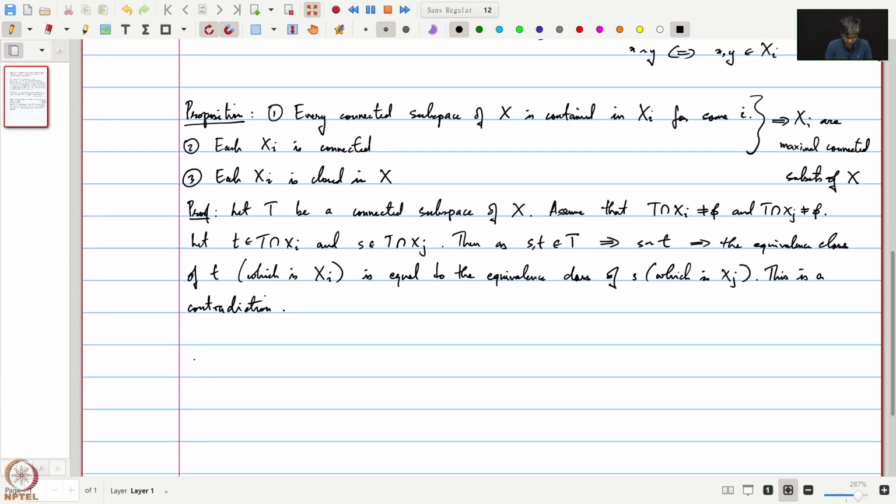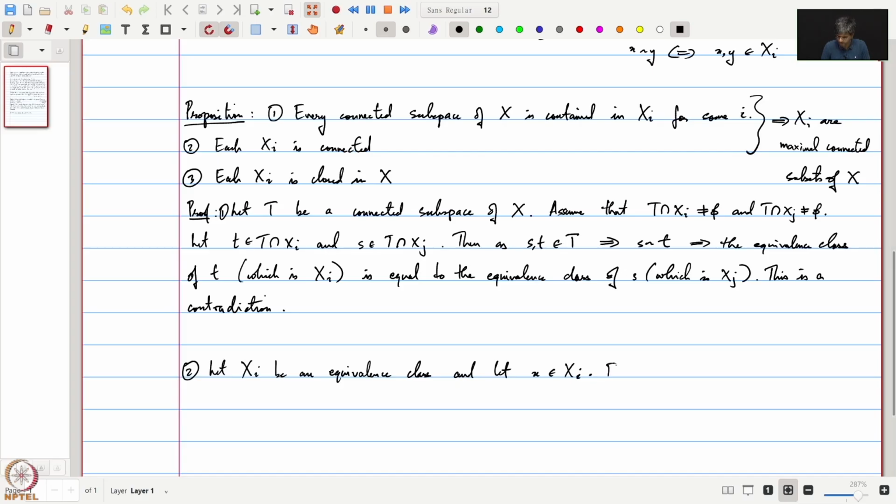Next, so this proves 1. Next, let us prove 2. So let Xi be an equivalence class and let x be in Xi. Okay, so we fix this point x.